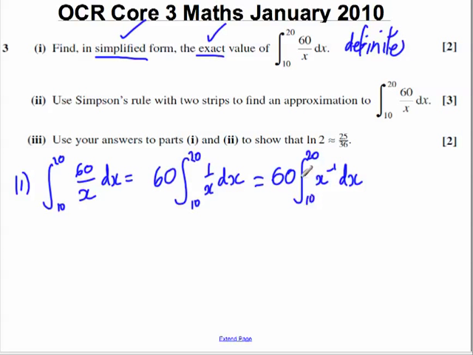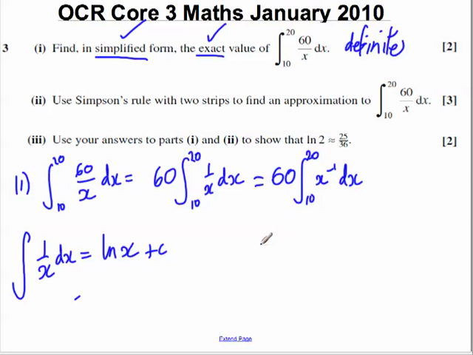So it makes you think to yourself, what was the answer when I integrated 1 over x, or x to the minus 1? Well, the answer to that is the natural logarithm of x. If you integrate, in general, 1 over x with respect to x, the answer is ln x, plus a constant for an indefinite integral.